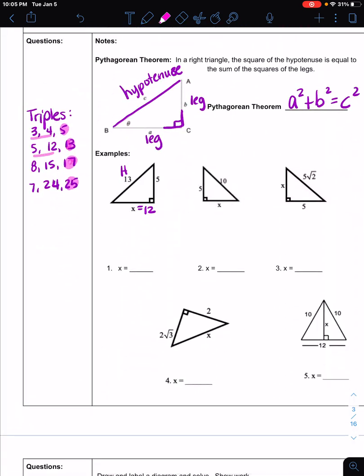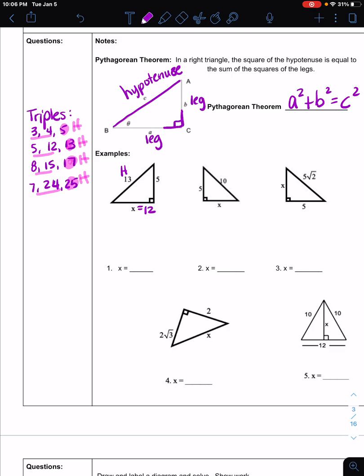These two are the legs, and then this is the hypotenuse. So if you have 24 on the hypotenuse, this isn't going to work. If you recognize that, you could do number 1 with a triple, and you would already know the answer is 12.